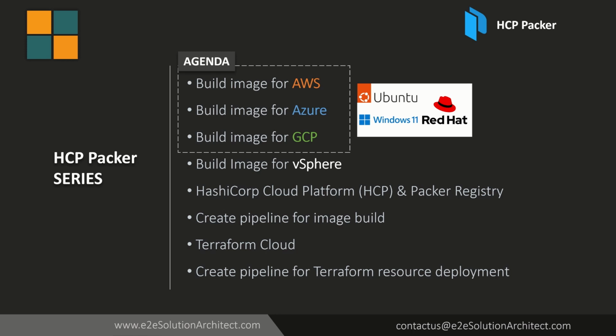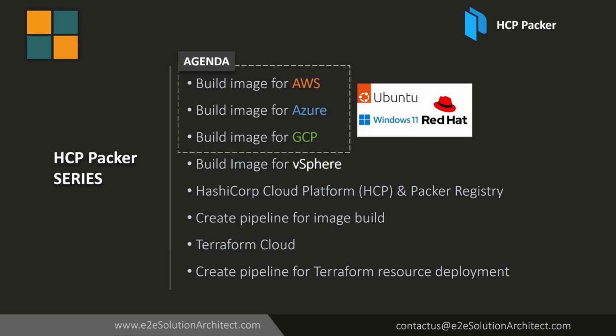In our upcoming session, I will show you how we can create the same for the VMware product, which is vSphere, and we'll also show how we can use HashiCorp Cloud Platform, which we call HCP, creating a Packer registry. Using that Packer registry, we will also create the pipeline for image build.